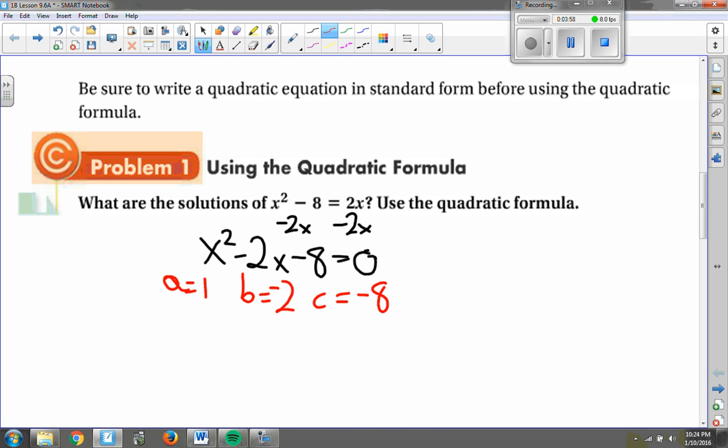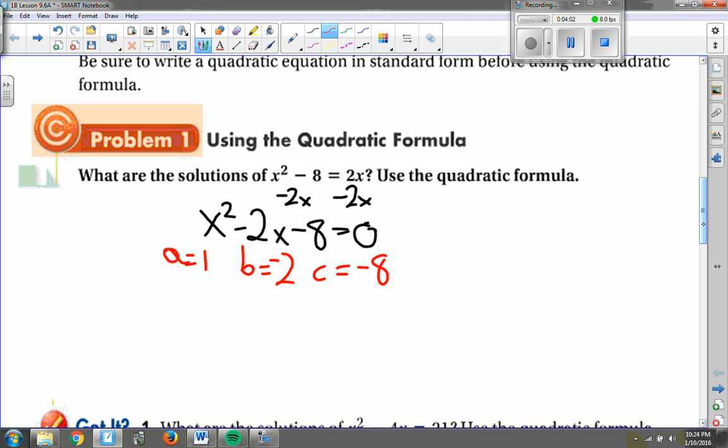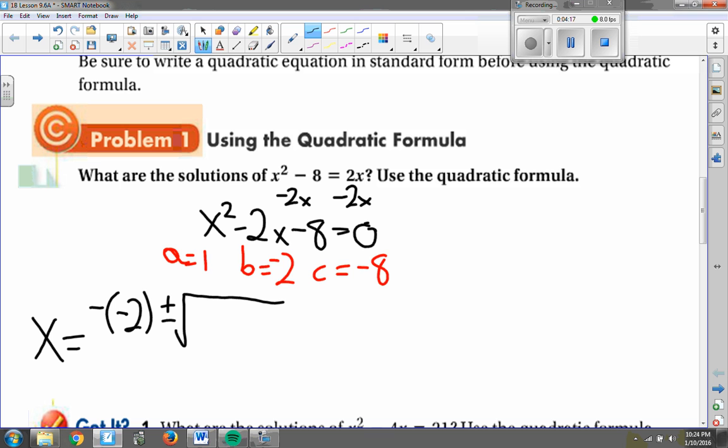Okay. So if I set up my quadratic formula in this case, my x answers are going to equal the opposite of my b value, negative 2, plus or minus the square root of negative 2 squared minus 4 times a, which is 1, times c, which is a negative 8.